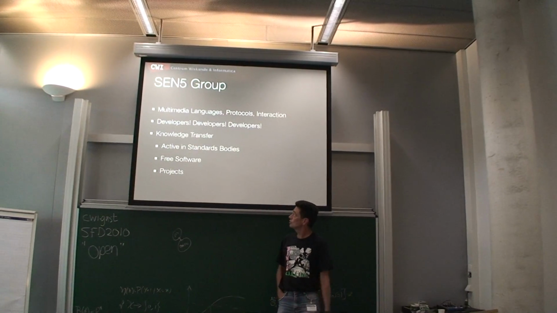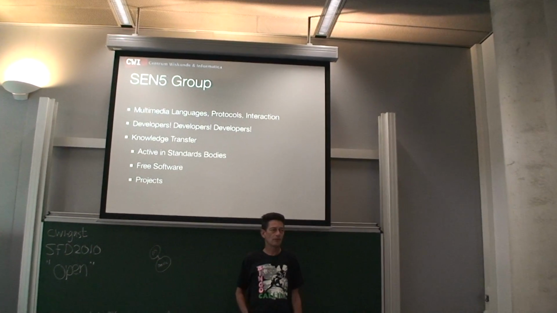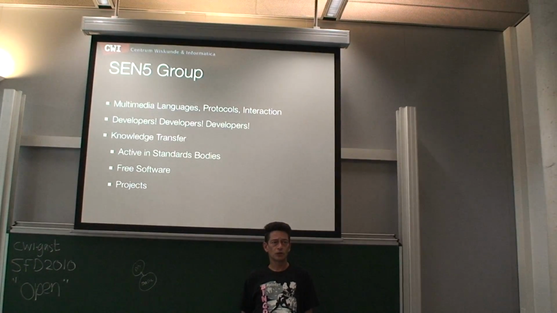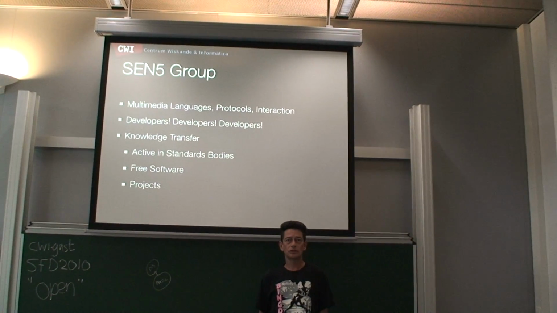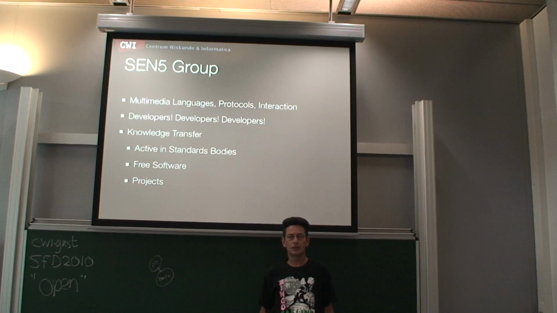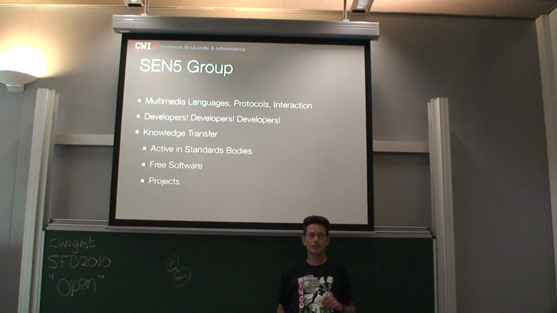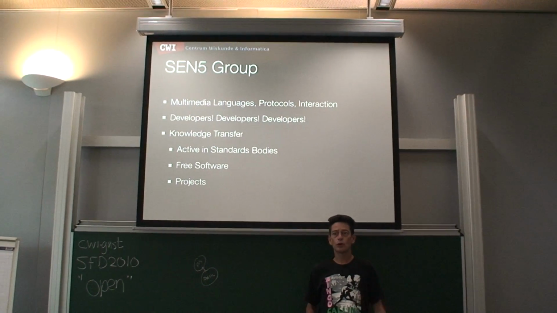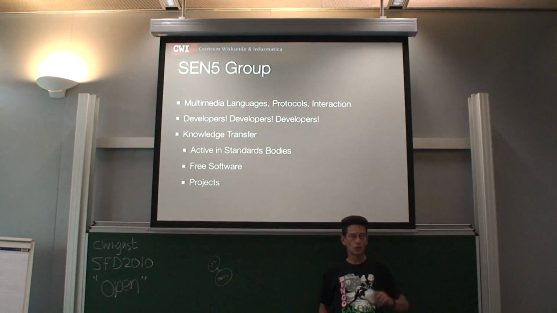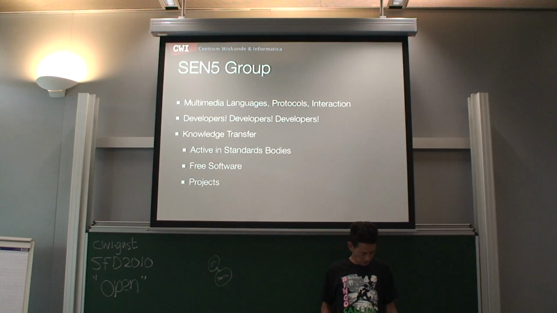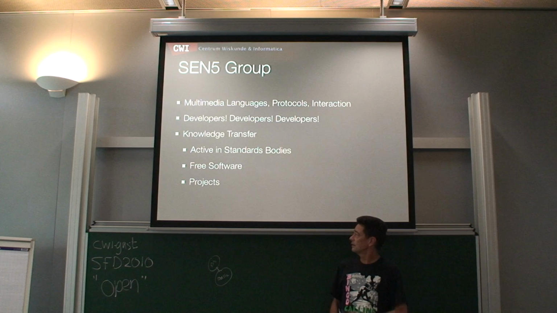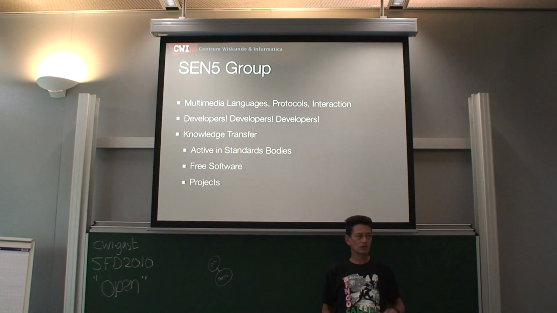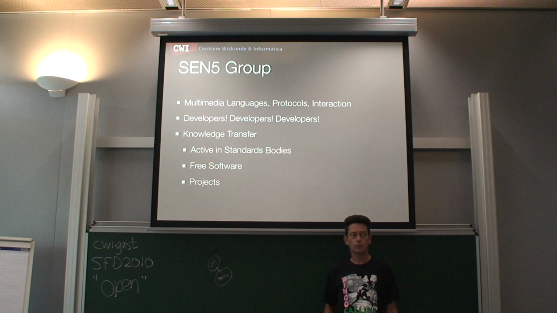As I said, we produce a lot of free software, and we have a lot of projects with industry, often in the European FP7 or the FP frameworks, but also one-to-one cooperations. Because we think knowledge transfer is, especially if you're a practical computer scientist, an important part of your work.